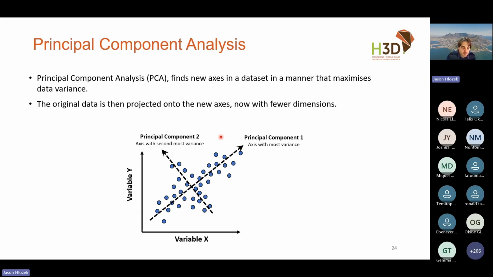Here's just already 2 dimensions, but to show you how it works, we look at our data set and we find a new axis through our data set, which maximizes variance. And then if you want a second axis, you look for something perpendicular that maximizes the next amount of variance. And you can keep doing this to as many dimensions as you need. Here, we're interested in doing 2 dimensions because we want to plot this data.